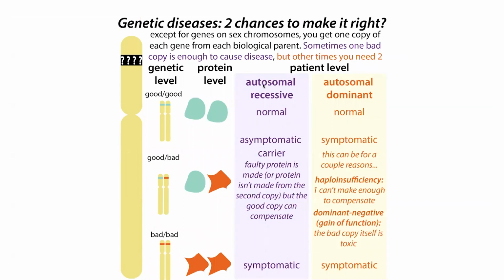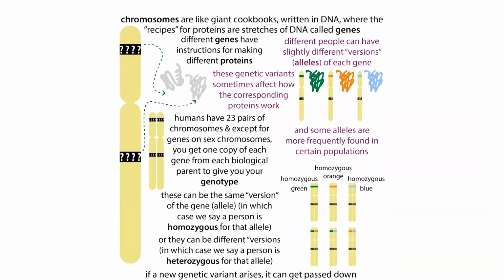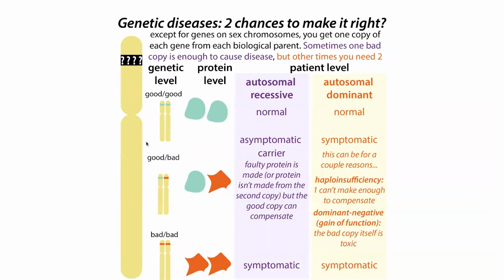And autosomal is just referring to that it's one of those main chromosomes, and it's not one of the sex chromosomes. For the XY chromosomes, things are a bit different because we only have one copy of the Y, or two copies of the X, but I'm not going to go into that. We're talking about autosomal, so those are just your main pairs of chromosomes.